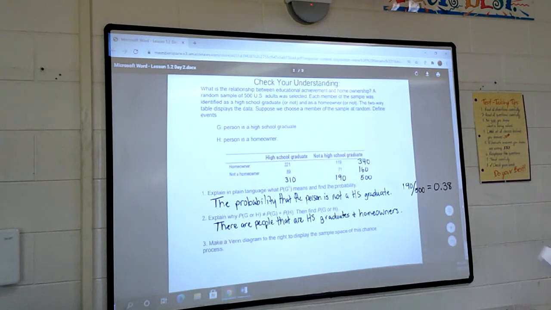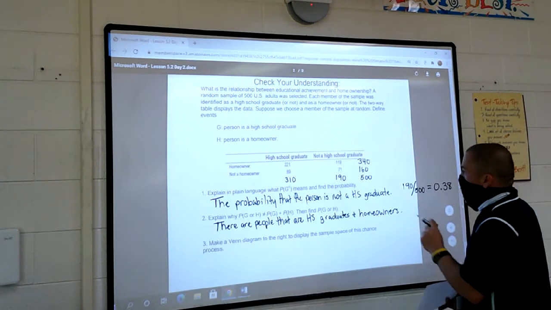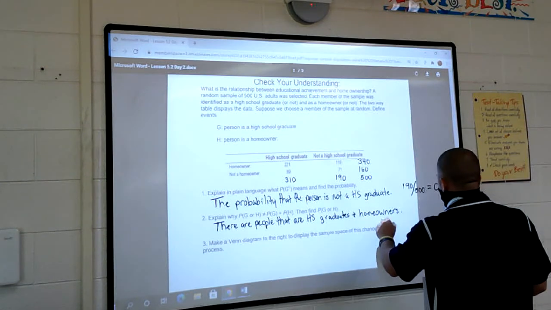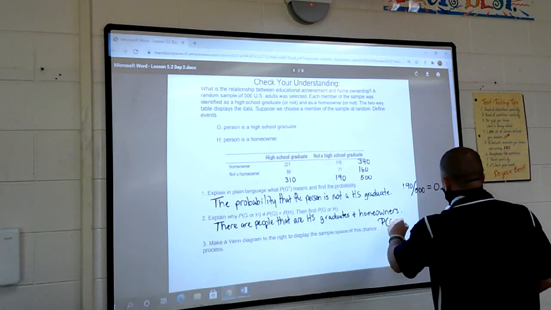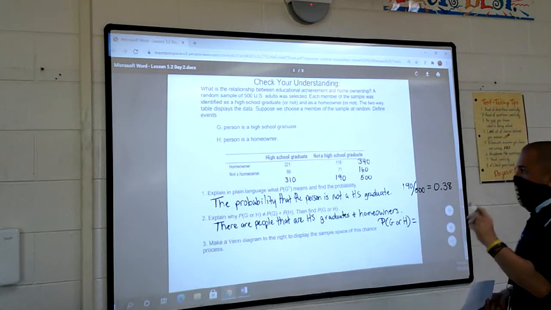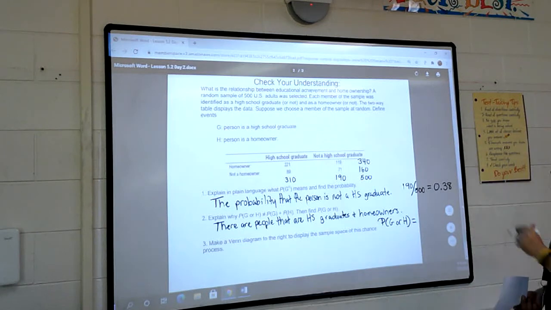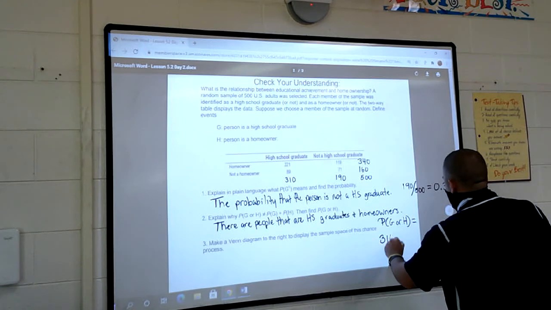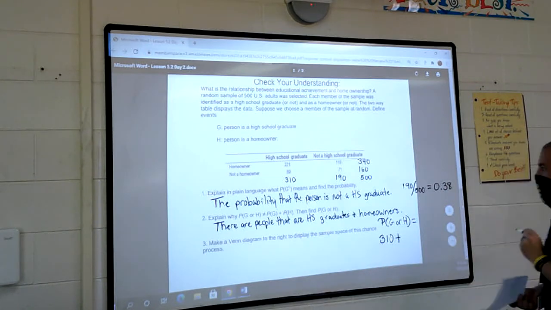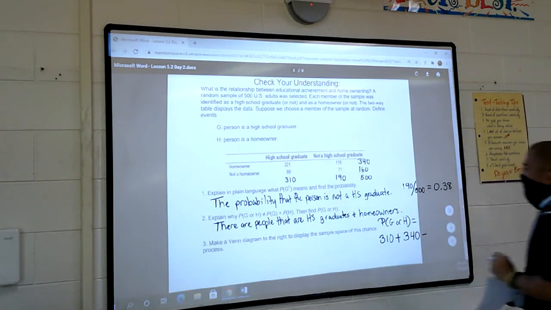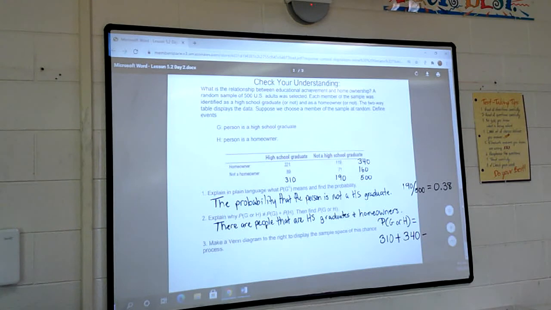So now it says find the probability of G or H. So we're going to say probability of G or H equals, so we're going to say high school graduate. There are 310 high school graduates plus homeowners, there are 340 homeowners, minus the ones that are high school graduates and homeowners.